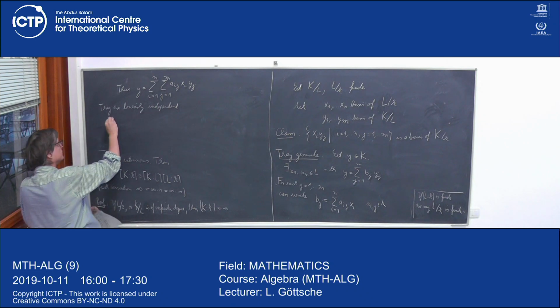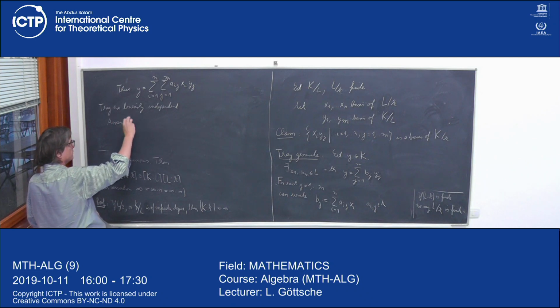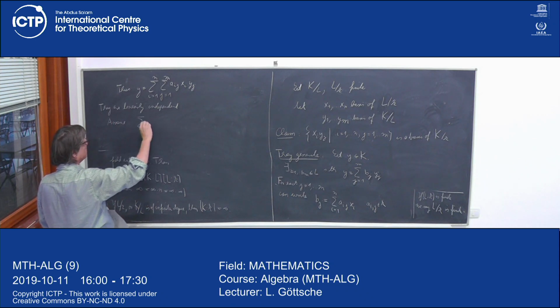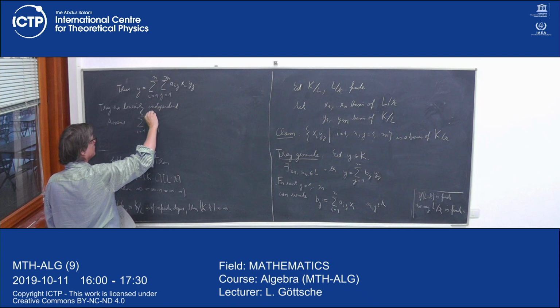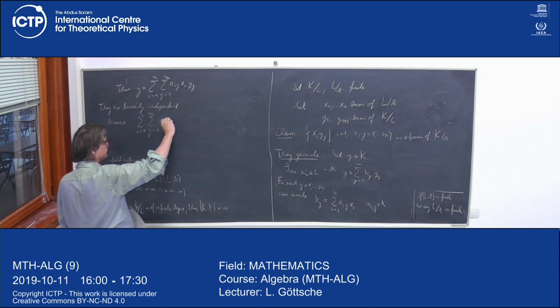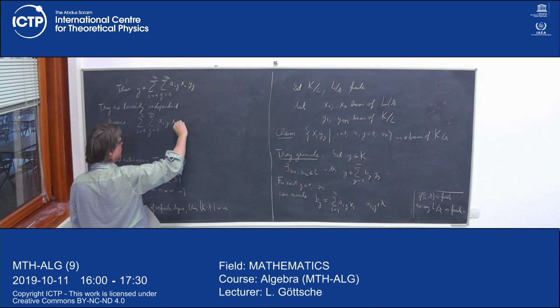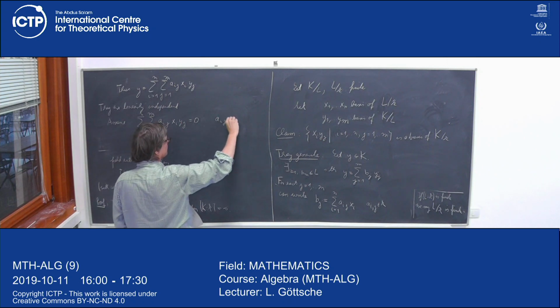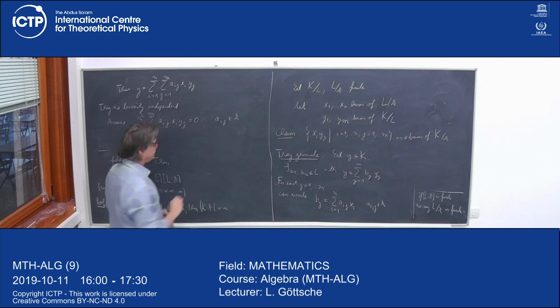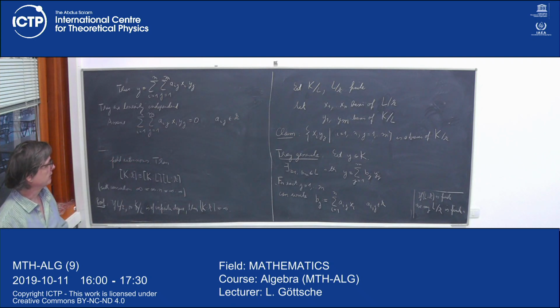We assume we have the sum over i from 1 to n, sum over j equals 1 to m of a_ij x_i y_j equal to 0, with the a_ij elements in k. We have to show that all a_ij's are 0. That's what it means to be linearly independent.